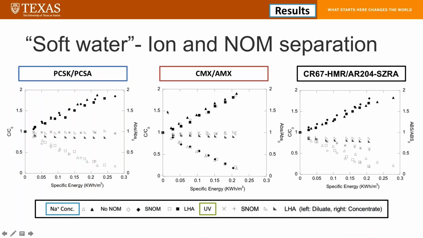Here's the experimental result for all three membrane pairs. The PCSK and PCSA and the CMX and AMX membrane pairs have pretty much similar results, but on the other hand, for the CR67 and AR204, you can see the absorption ratio decreases at higher specific energy. To confirm this result, we check the TOC result.